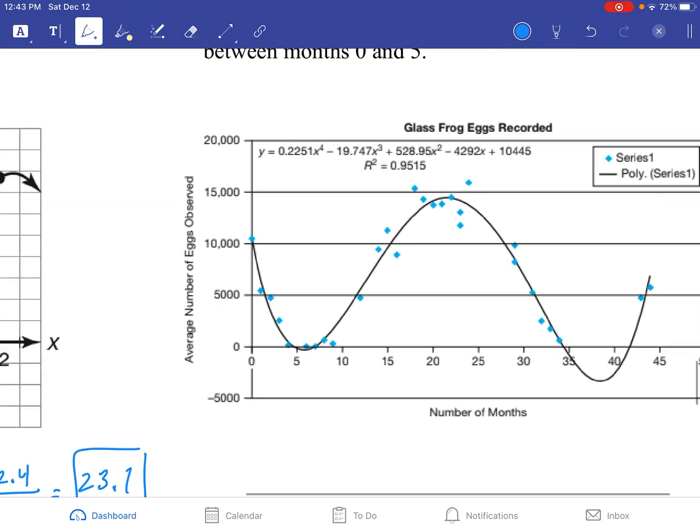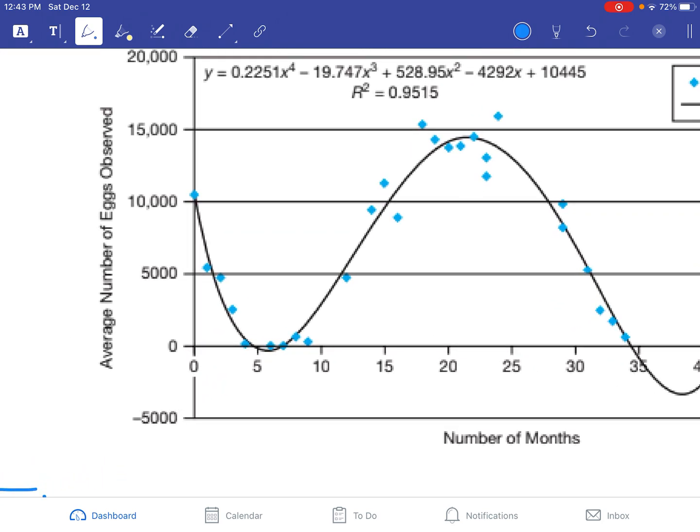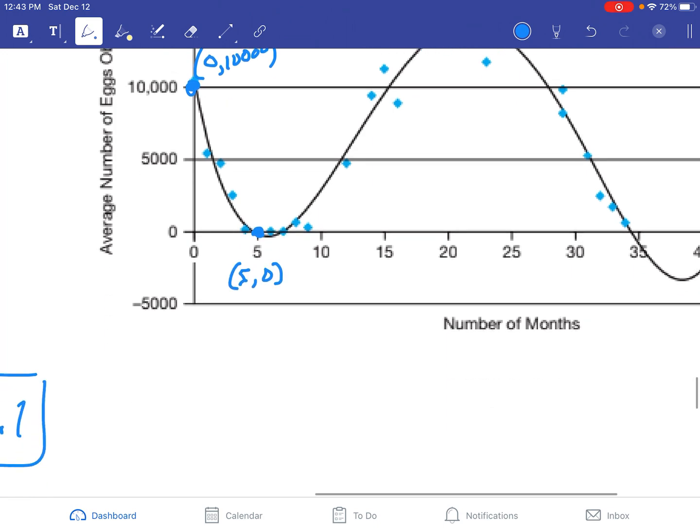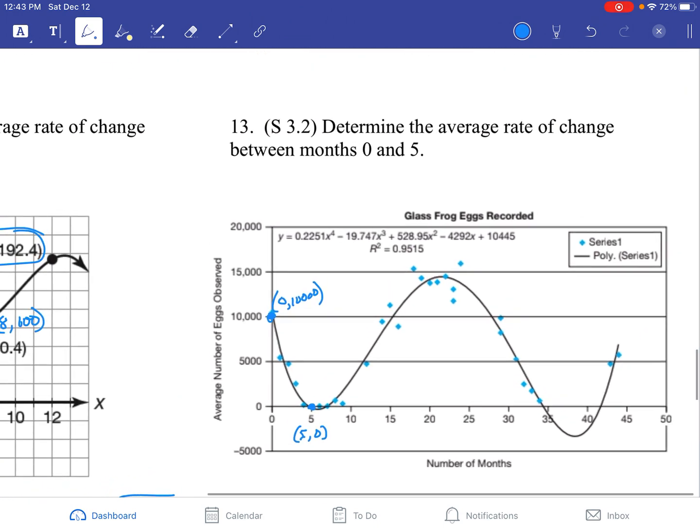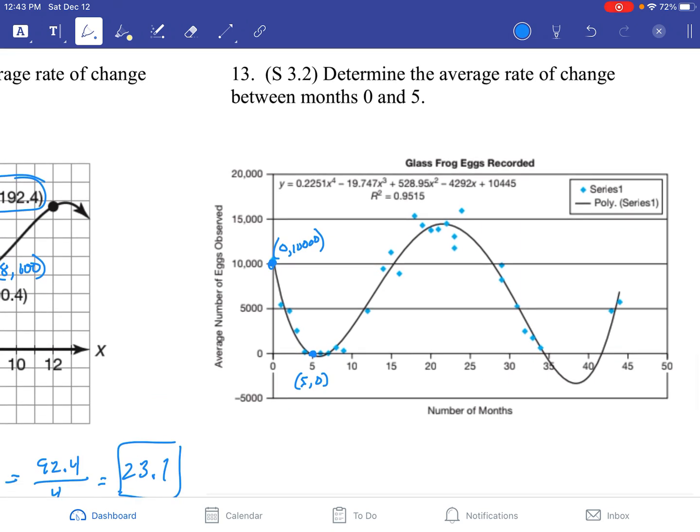All right, same thing here. I want to make this a little bit easier than I did for unit 1, or partial standard 1. We're just going to say it's (0, 10,000). That's your point here. And at 5, it's going to be (5, 0). Those are the 2 points we're going to use because it has to do with the months between 0 and 5.